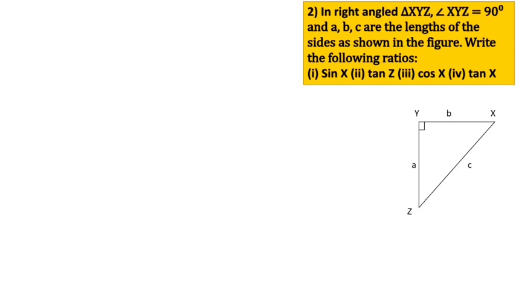Write the following ratios. Here we have to find sin X, tan Z, cos X and tan X. The values are given. The YZ value is given as a, the YX value is given as b, and the XZ value is given as c.